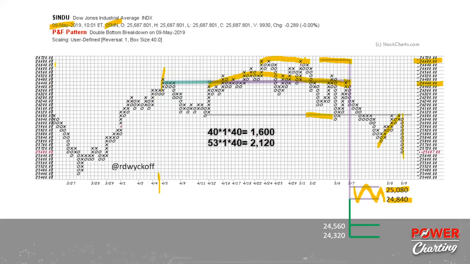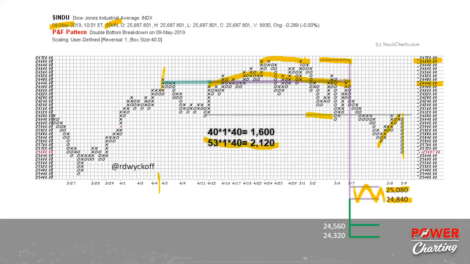So now a larger count actually goes over 53 columns, and so here we have 53 columns, gives us an objective downward of 2,120 Dow points. And so this is the second objective.